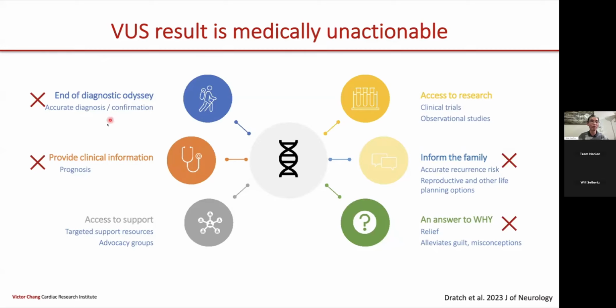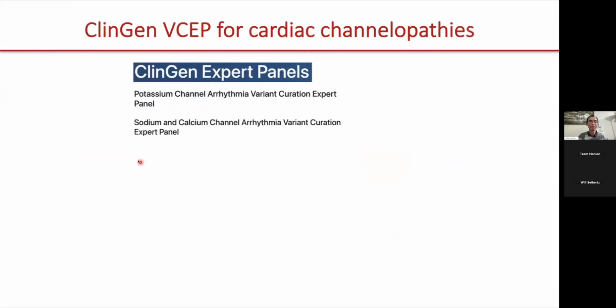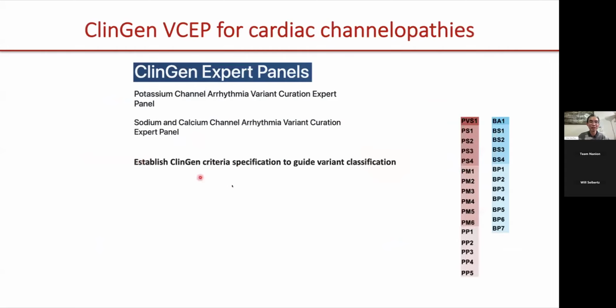So this is all what VUS cannot do. Which is why ClinGen is trying to tackle this problem in a way, by promoting consistent classification, by establishing criteria specifications for the ACMG criteria codes.